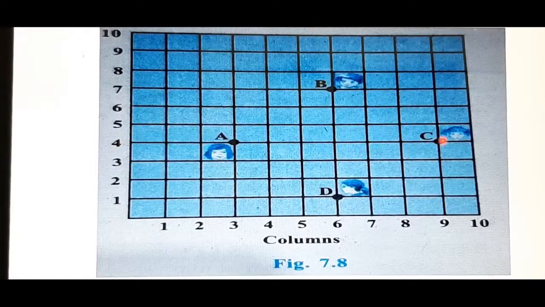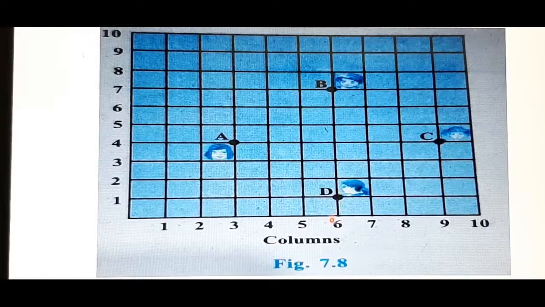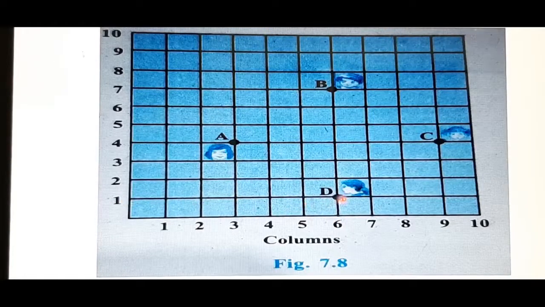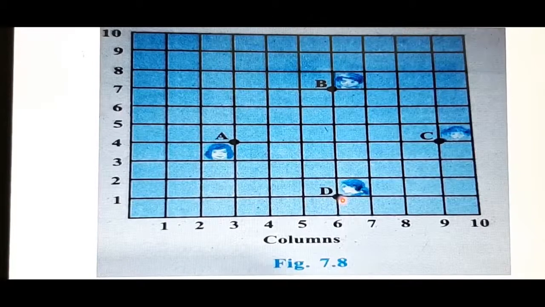So the coordinates of C are 9, 4. For D, we will check the same way, opposite on the x axis it is 6 and opposite on the y axis it is 1. So the coordinates of point D are 6, 1.